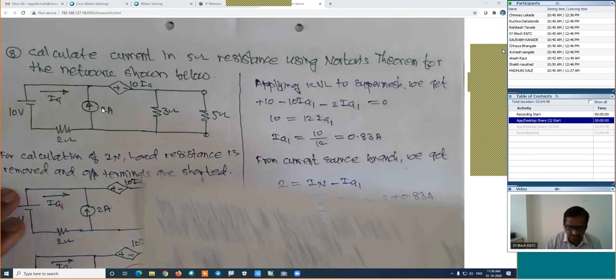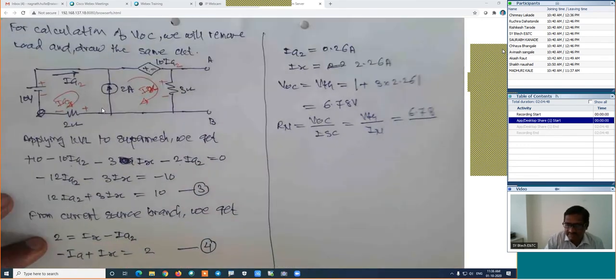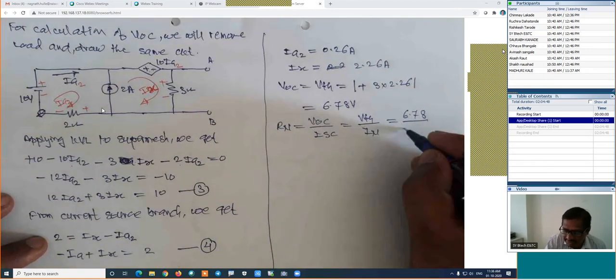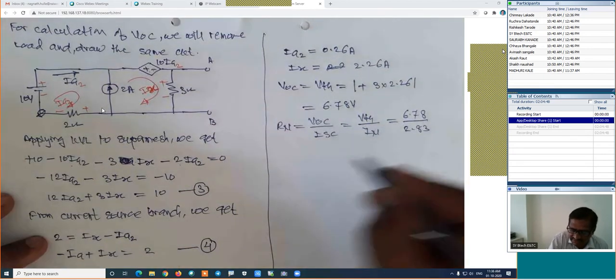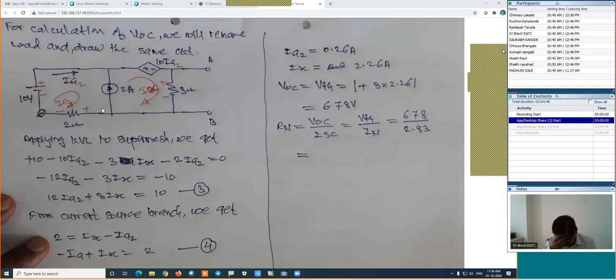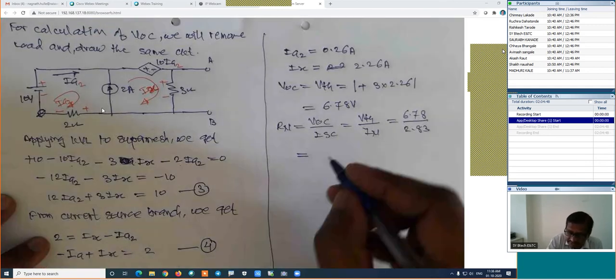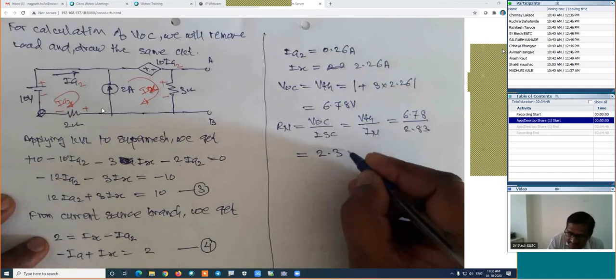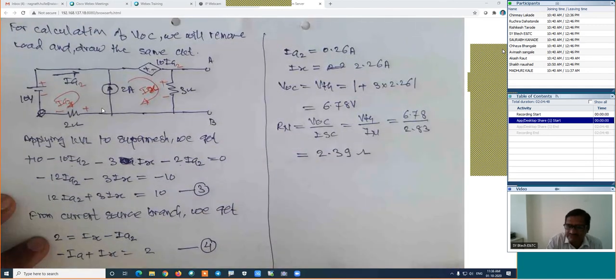Work out this calculation and find out the RN, that is Norton's equivalent resistance. 2.39 ohm is the value of RN.